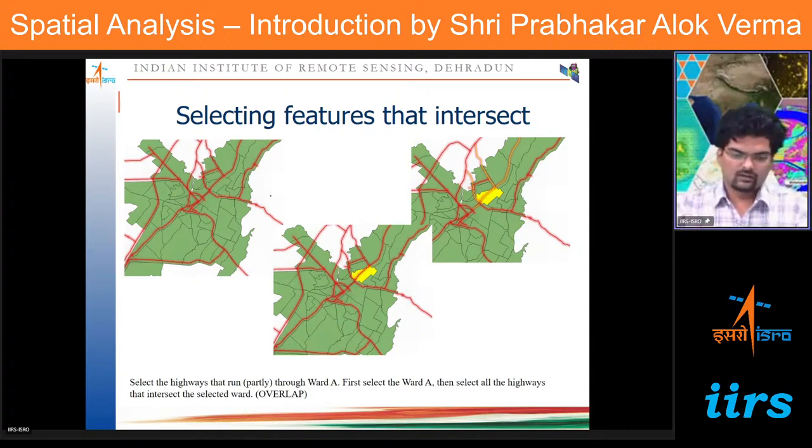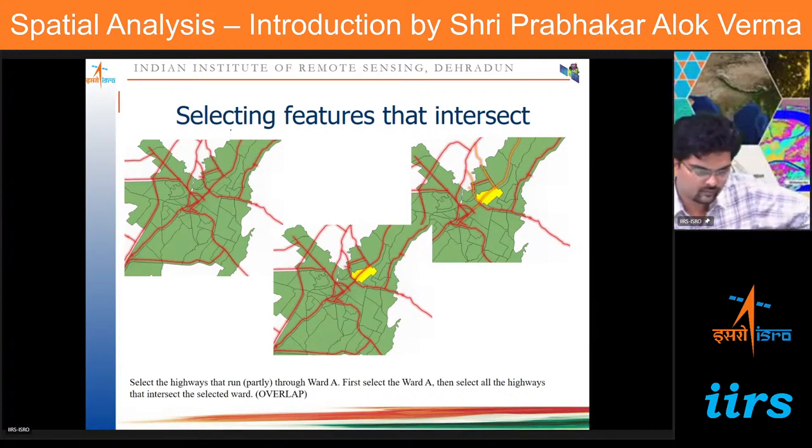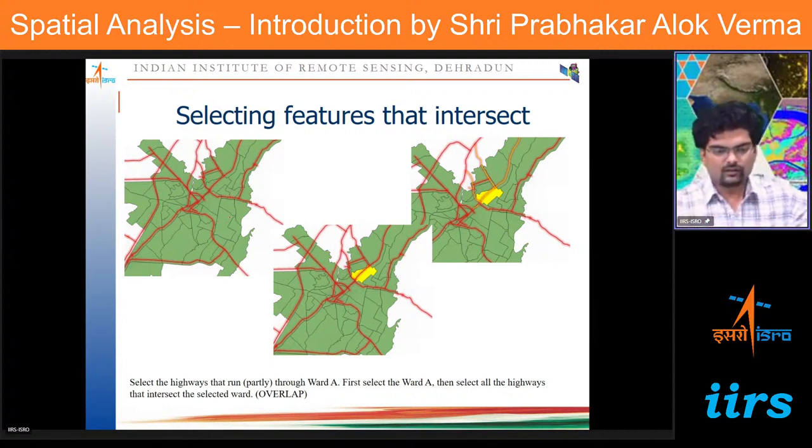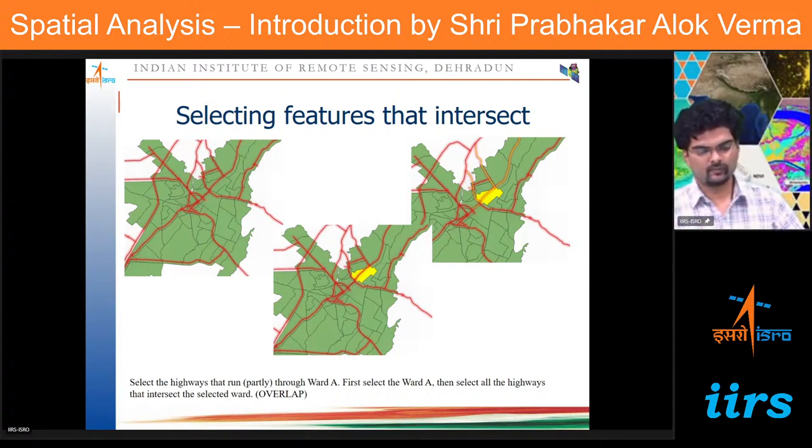Another task here: you can see the black boundaries, they represent wards, and the reddish ones represent roads.